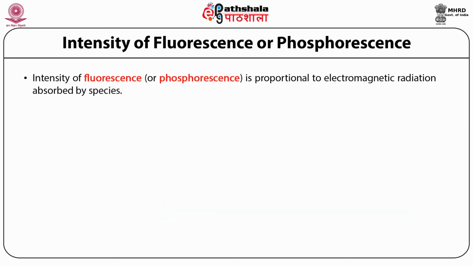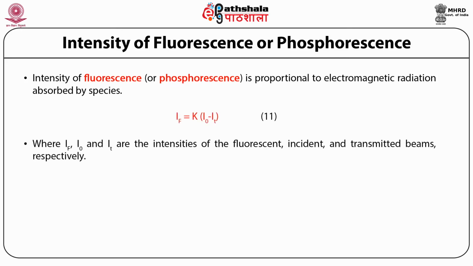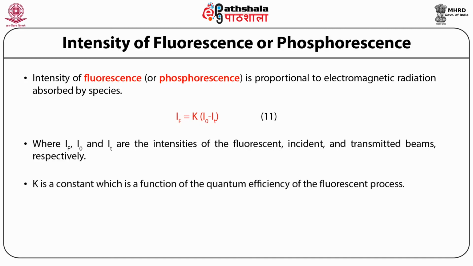The intensity of fluorescence or phosphorescence is proportional to the electromagnetic radiation which is absorbed by the species, and is represented by the following equation, where IF, I0 and IT are the intensities of the fluorescent, incident and transmitted beams respectively, and K is a constant which is a function of the quantum efficiency of the fluorescent process. For this, Beer's law is given by equation 12.